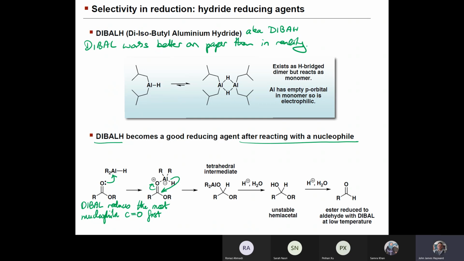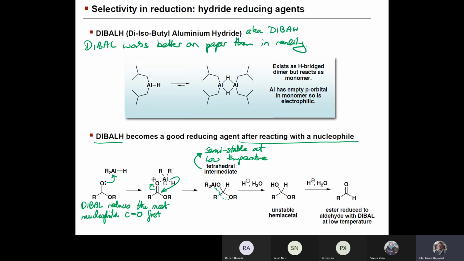So we get the hydride delivery to give a tetrahedral intermediate. And this is semi-stable at low temperature. Okay. The reason for this stability is that the lone pair of this oxygen coordinates to the aluminium, and you have some stability here.